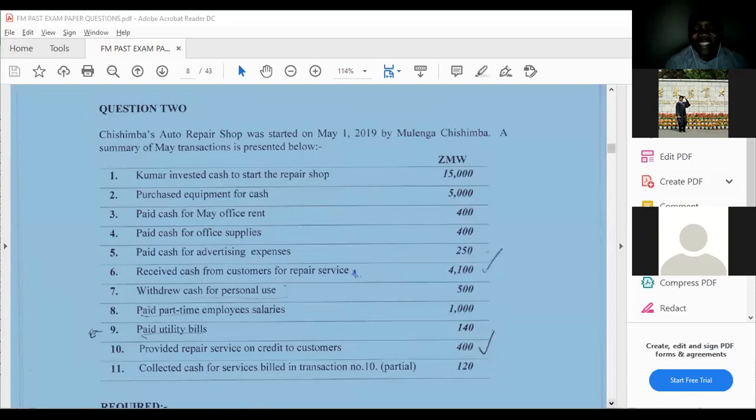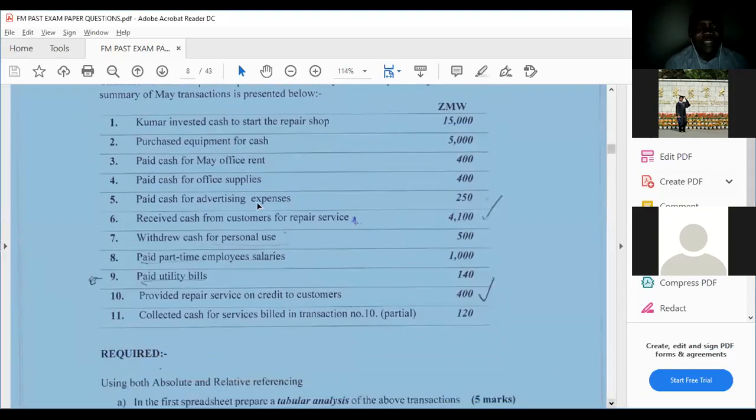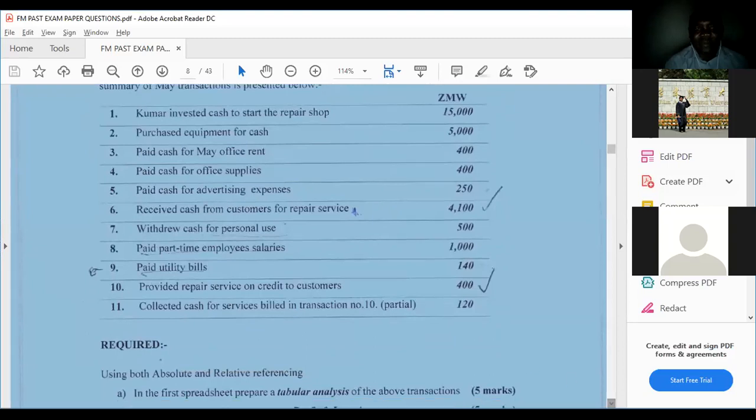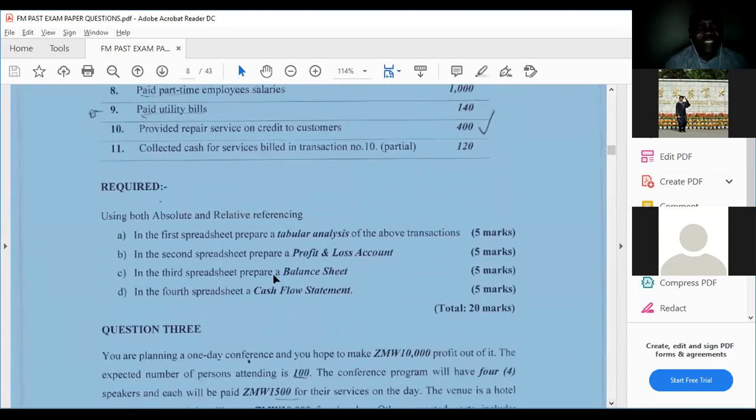This thing within 30, 40 minutes, you'll be done. I want you to have the confidence that you can do the tabular, you can do your profit and loss, which you have done, the balance sheet and the cash flow statement. So that at least your 20 marks, you put it somewhere else. So that next time we can do time series, we can look at all these other things.